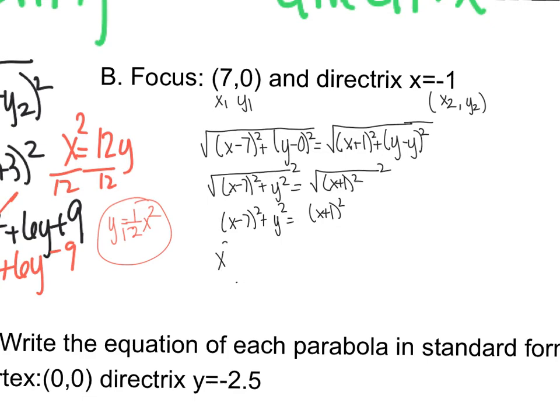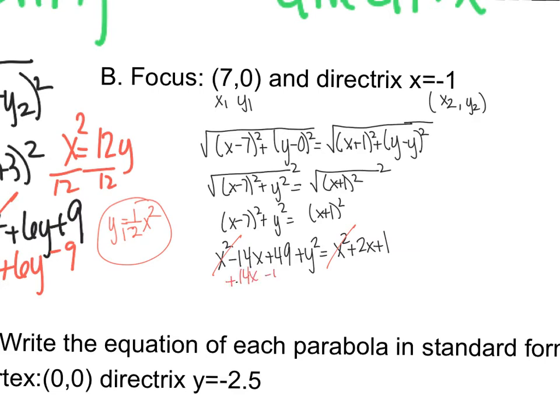FOIL the (x minus 7): x squared minus 14x plus 49 plus y squared equals x squared plus 2x plus 1. We have x squared the same on both sides, so they cancel. We're going to isolate the y squared.